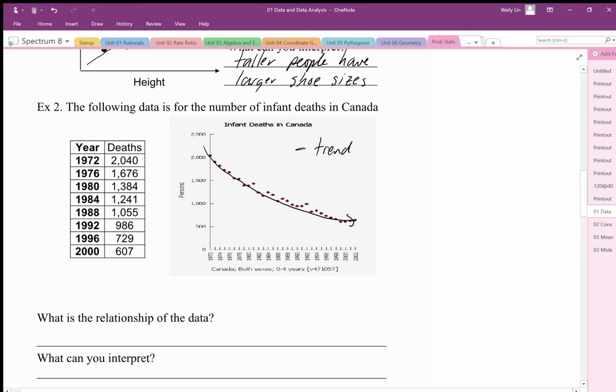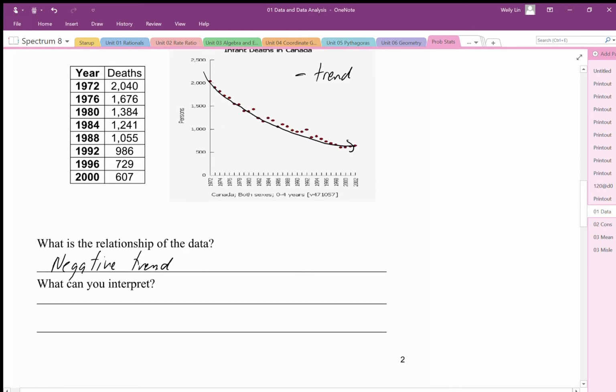As the years go along, we're having less and less infant mortality.